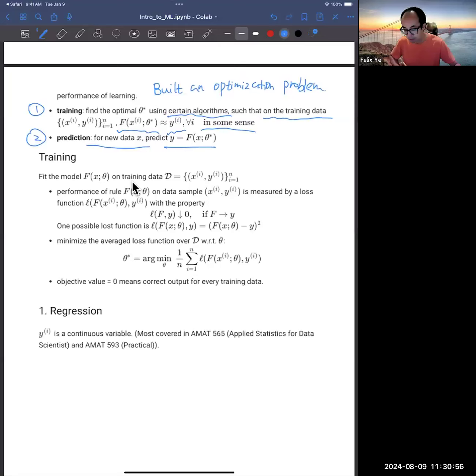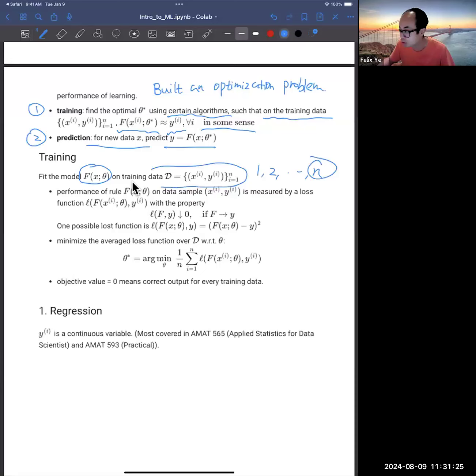So the training is we actually want to train this f(x, theta) on this training data set D. We have talked about this. Say we have a lot of data, from 1 to n. And in general, this n could be very large in machine learning problems, could be tens of thousands of data points.